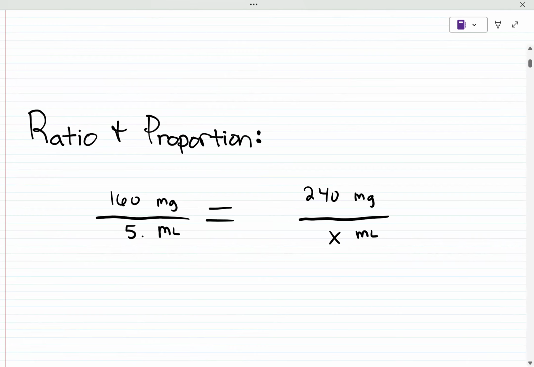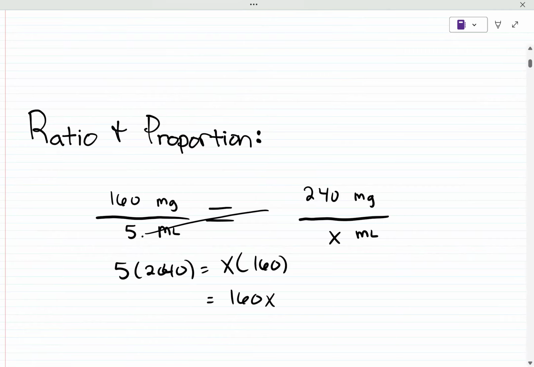Then you cross multiply: 5 times 240 equals X times 160, so 160X equals 1200. Solve for X by dividing both sides by 160, and you get exactly 7.5 milliliters.